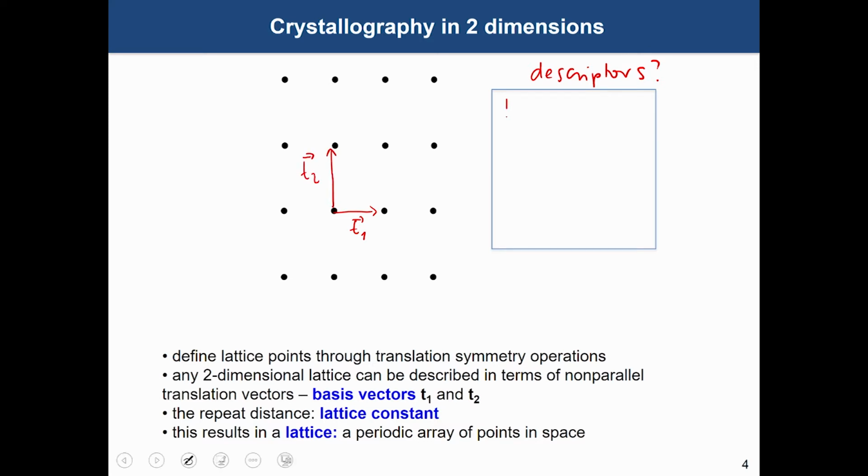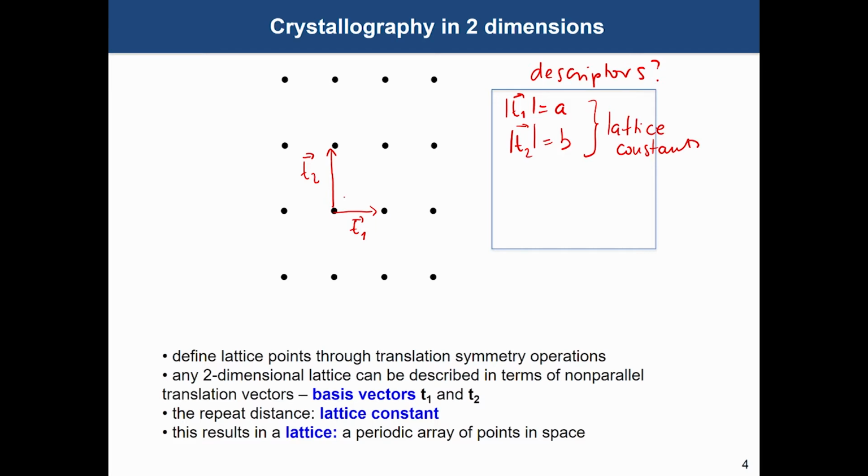The length of T1 we will call A, and the length of the vector T2 will be labeled as B, and these will be the lattice constants. They simply tell us the length of these two vectors that define the lattice itself.